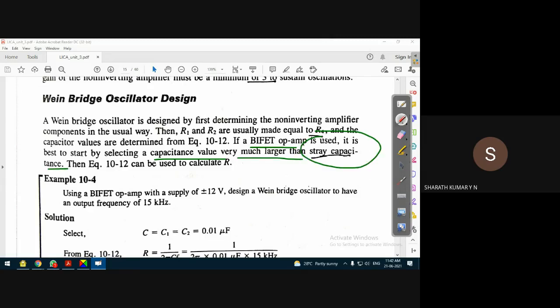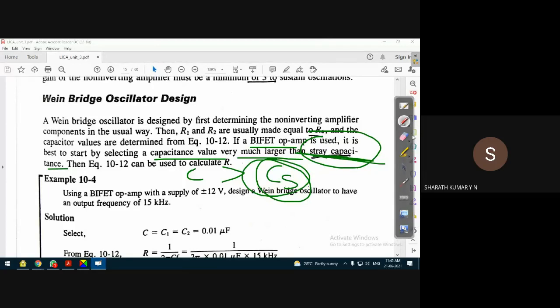As I said, stray capacitance we are not discussing as part of the course, so I can't comment more on it. For any op-amp, there will be what is known as a stray capacitance, represented as CS. The external capacitor we select for the amplifier design, either C1 or C2, whatever it is, should be greater than this stray capacitance.